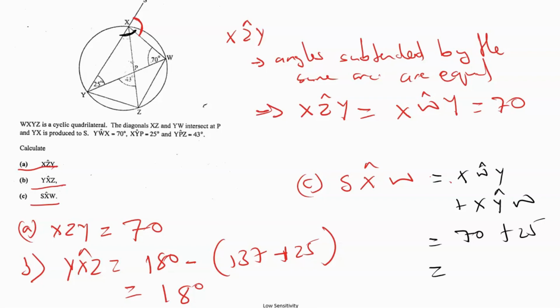So therefore SXW is equal to 95. So that's how we figured this out.